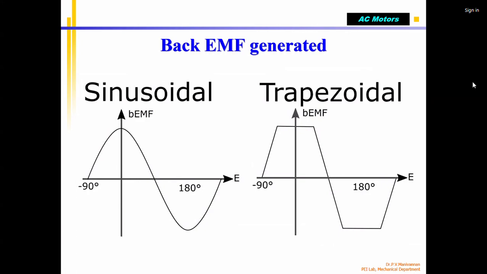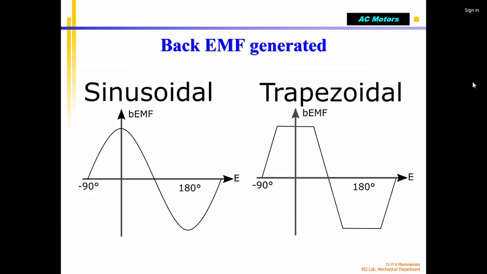The rotor is rotating, a permanent magnet, correct? Because of the flux induced by the rotor, which is cut by the stator coil, there will be a back EMF. That back EMF shape will be either sinusoidal or trapezoidal. That's what this figure shows. That depends upon how the stator coils are distributed or wound.